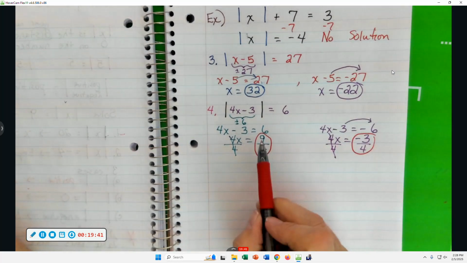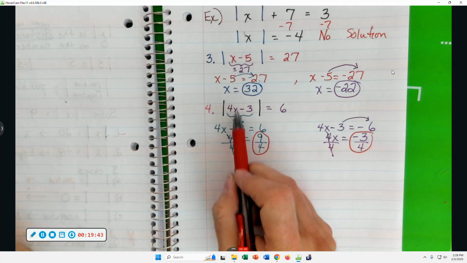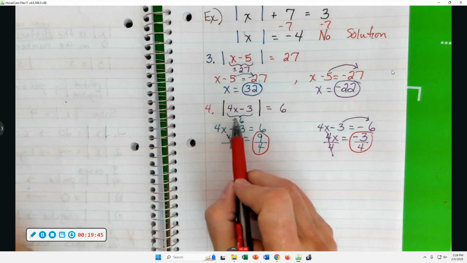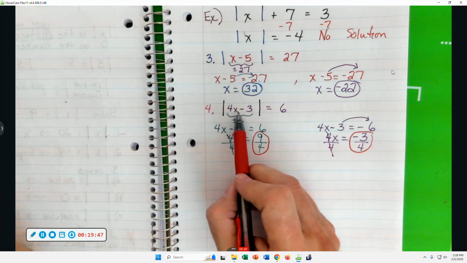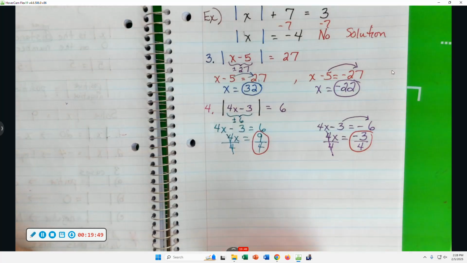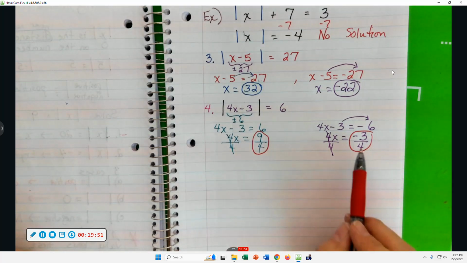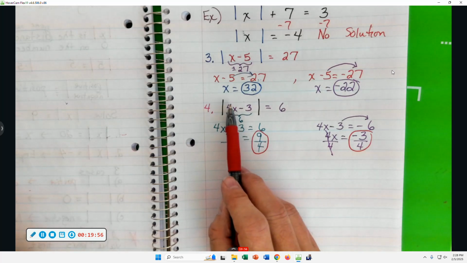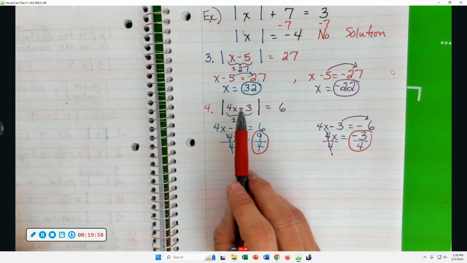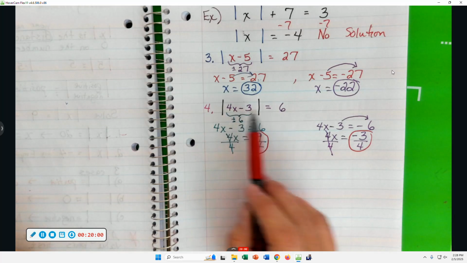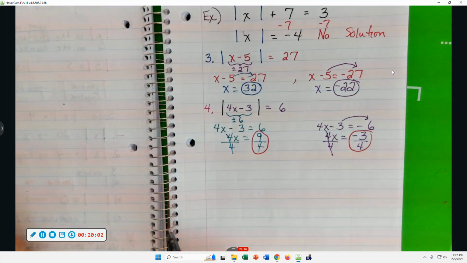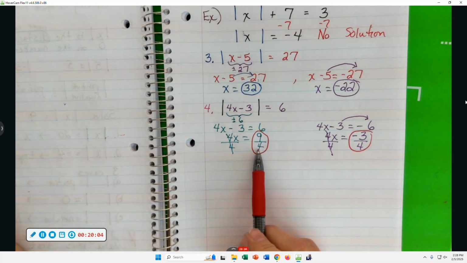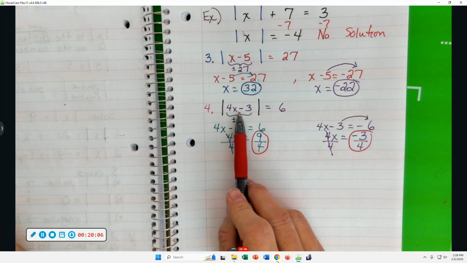So if I plug a positive 9 over 4 in, the 4's would cross cancel and we just have 9 minus 3, which would give me positive 6. If I plug the negative 3 over 4 in, the 4's would cross cancel and negative 3 minus 3, that's a negative 6. So positive 9 over 4 gives us a positive 6.